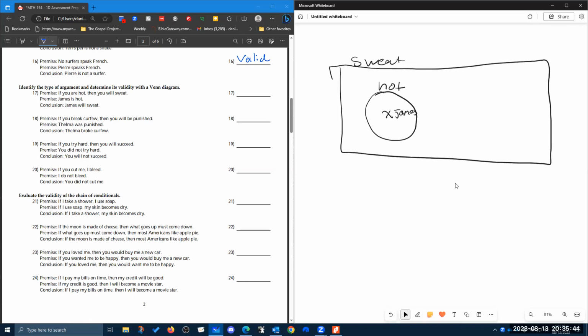Yes, that's valid. This is in the form of if P, then Q; P; therefore Q. The fancy name for this is called modus ponens.